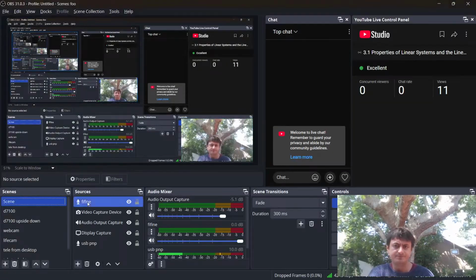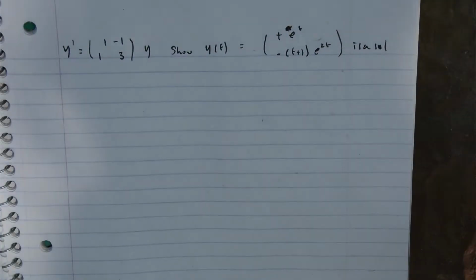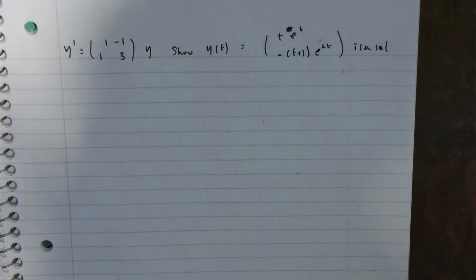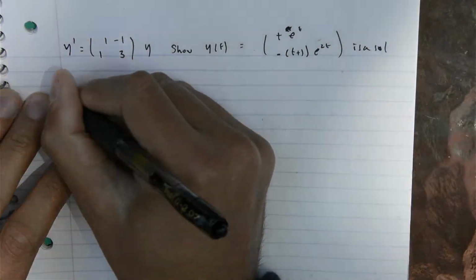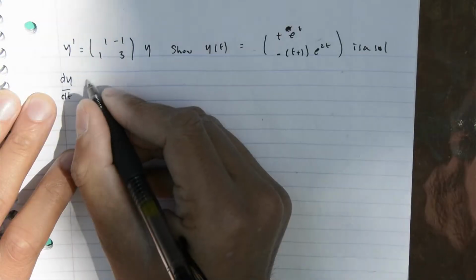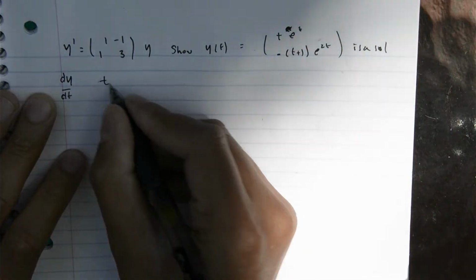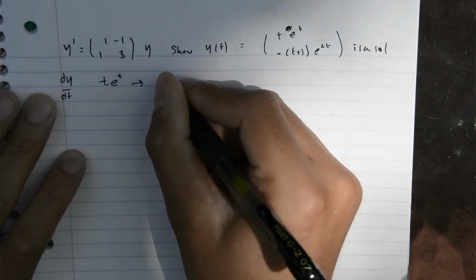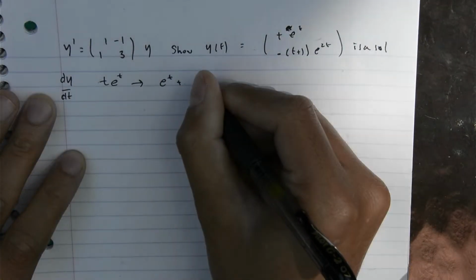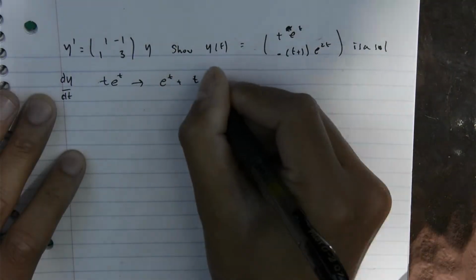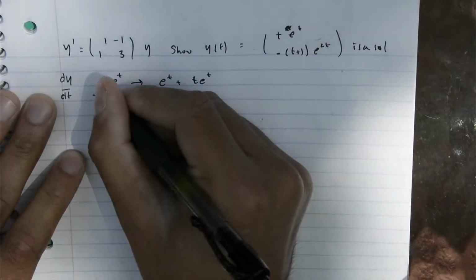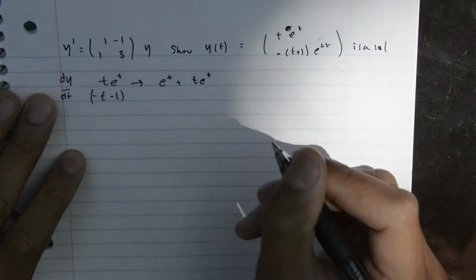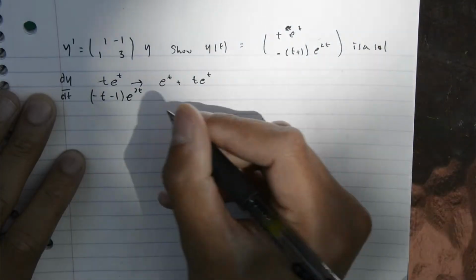Okay, all right, so for the first thing we want to do is compute dy/dt. So we have t e^t, which goes to e^t plus t e^t. And let's just do (-t - 1) times e^(2t).